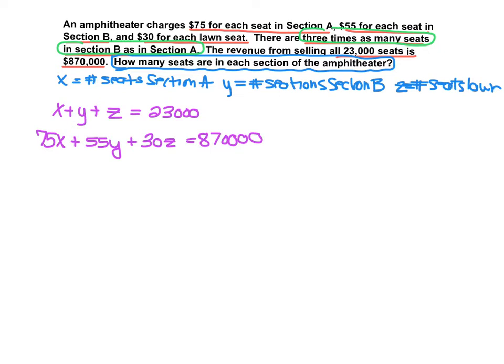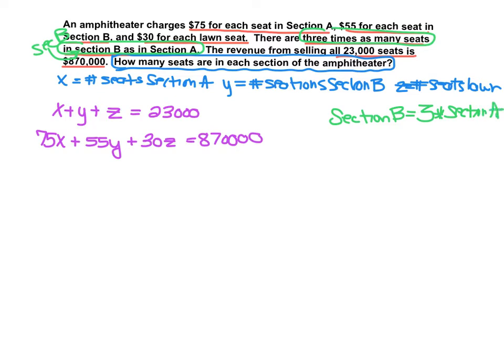When it says 3 times as many seats in section B, it means that section B has more seats. So section B is going to be bigger than section A. So what I know is that the number of seats in section B is equal to 3 times the number of seats that are in section A.